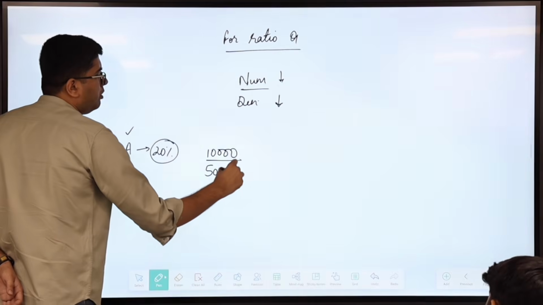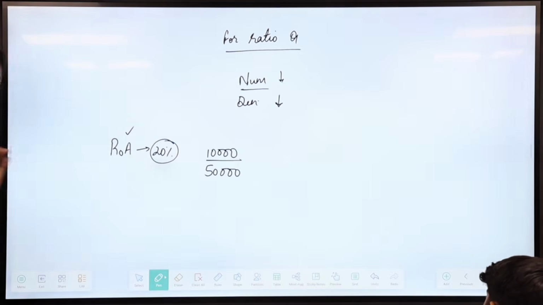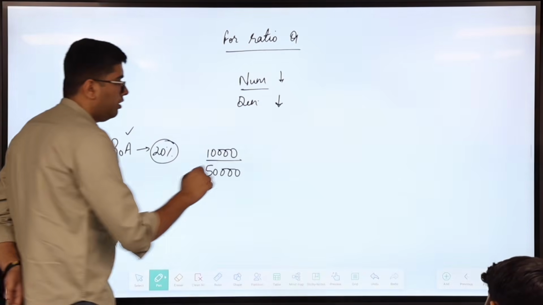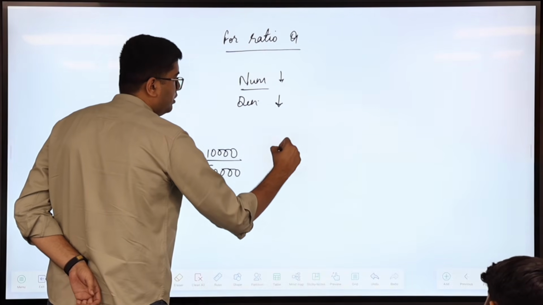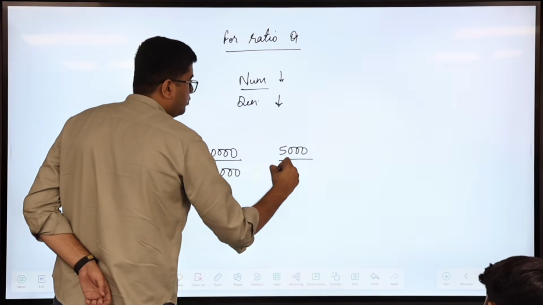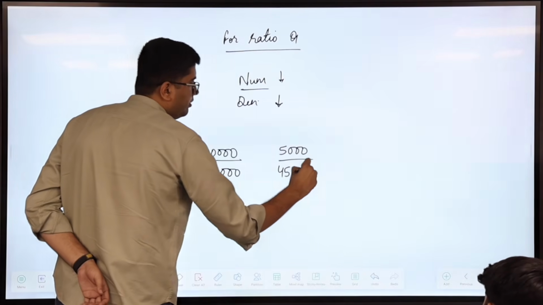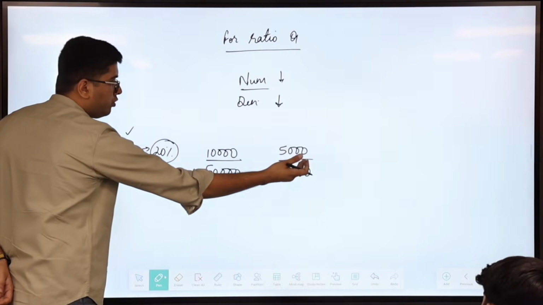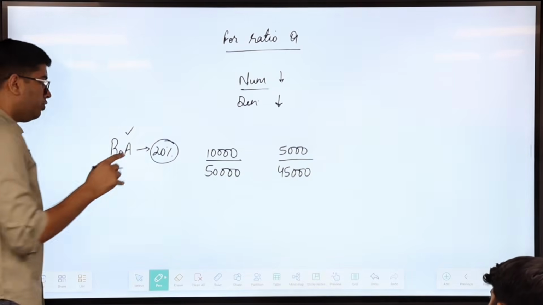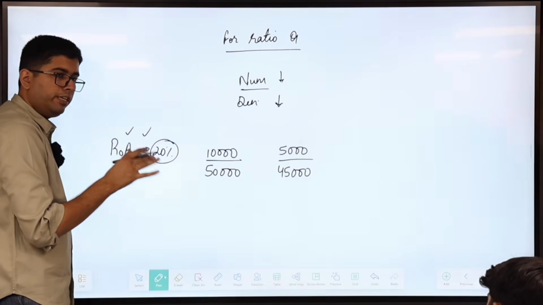You can assume your own numbers. Then impairment will happen. Let's say impairment of 5,000 happened. Numerator will also go down by 5,000 because impairment is a loss. So your income will fall down. And this will also go down by 5,000. Now calculate the new ratio, compare it with 20%. You have your answer.